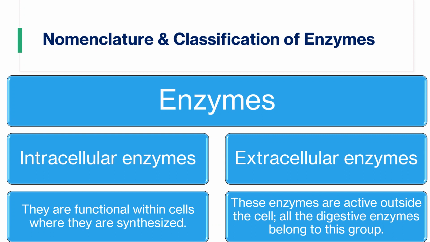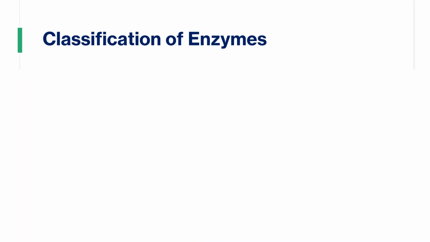Almost all enzymes are synthesized inside the cells, but if for their physiological role they come out of the cells and function outside the plasma membrane, they are called extracellular enzymes. Almost all digestive enzymes are extracellular enzymes because they function in our GIT tract. So this was one system of nomenclature.